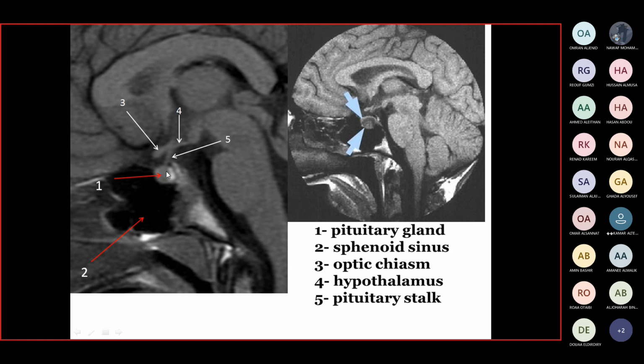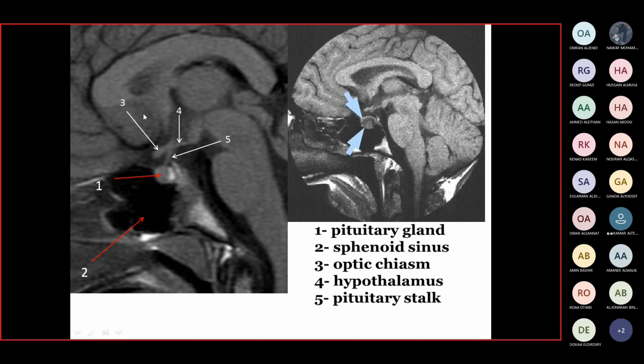The pituitary gland is connected to the optic chiasm by the pituitary stalk or infundibulum. This is the anatomy of the pituitary gland.